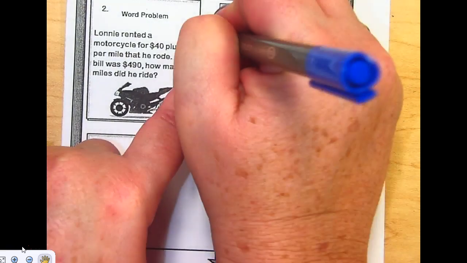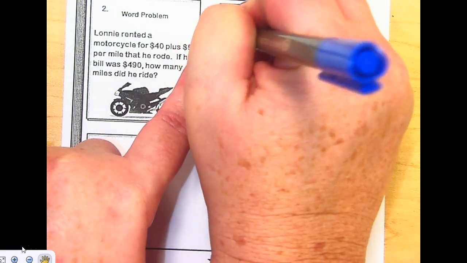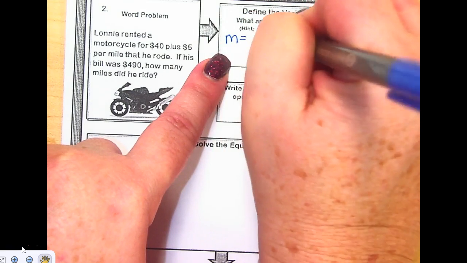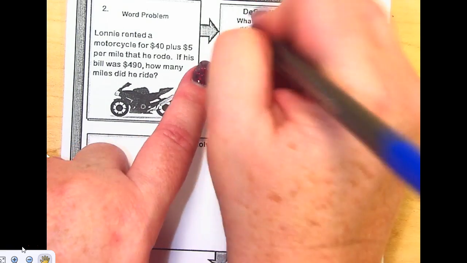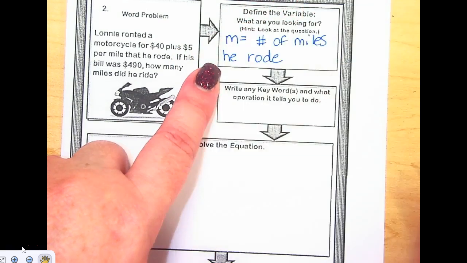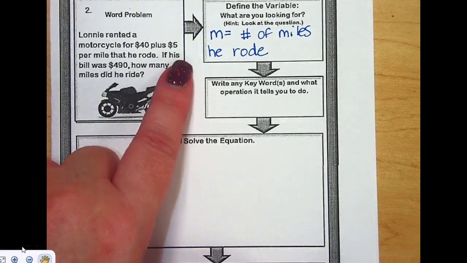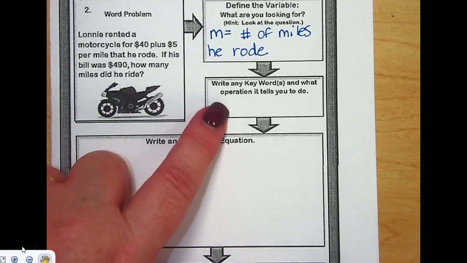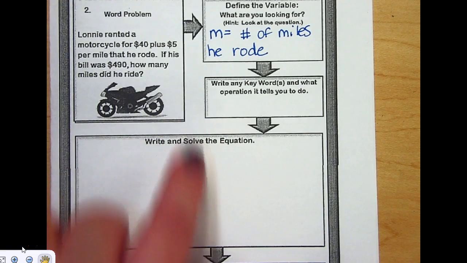We don't know, so let's pick a variable. I think I'm going to use M. So the M is going to be the number of miles. We don't know how many that's going to be. Number of miles he rode. That's going to be our variable. Write any keywords and what operation it tells you to do.